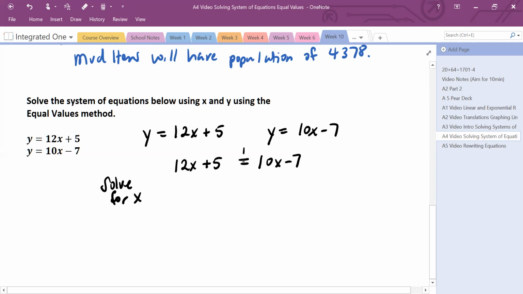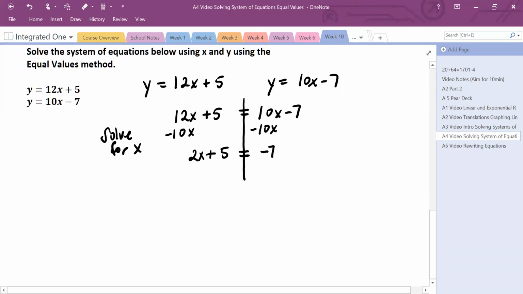So again, I'm going to draw my line. I'll subtract 10x from both sides. And on this side, I just end up with, because 10x minus 10x is just 0, minus 7 on this side. 5 is over here, and then 12x minus 10x is just 2x. Next, I'm going to subtract 5 from both sides.